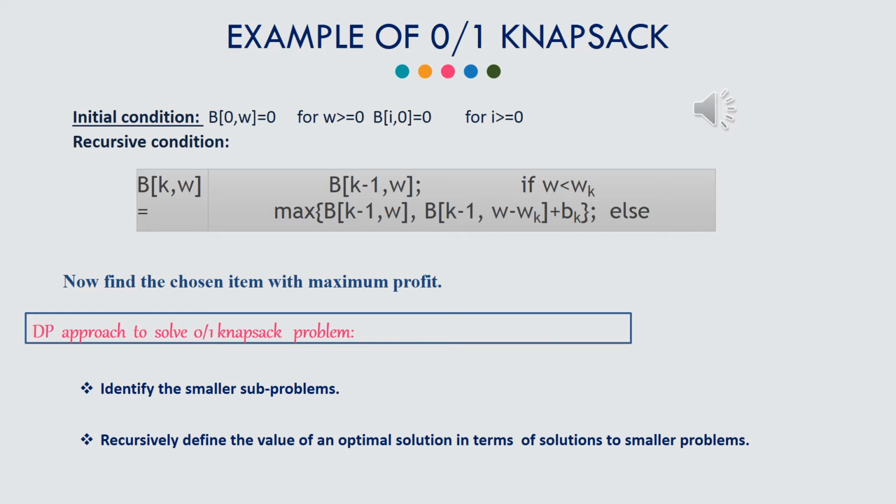So B of k, W equals B of k minus 1, W if W is less than w_k; otherwise the maximum of B of k minus 1, W and B of k minus 1, W minus w_k plus b_k.